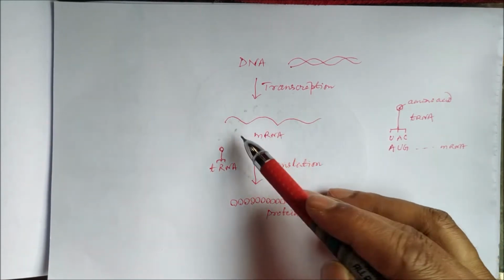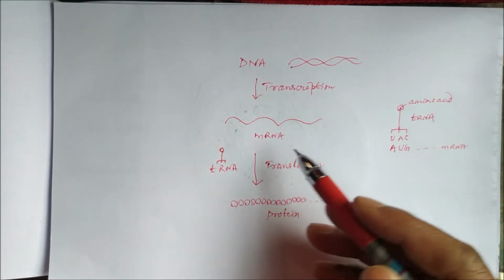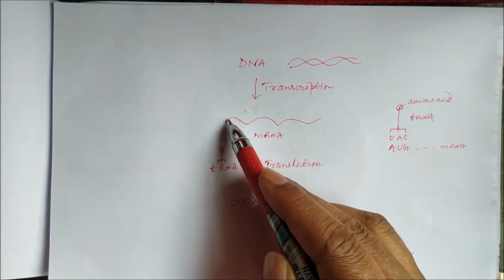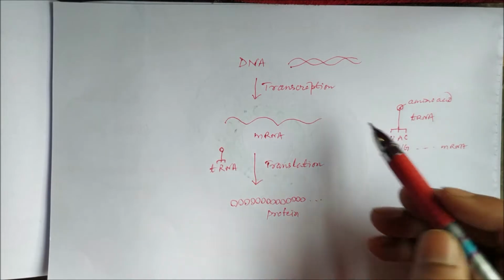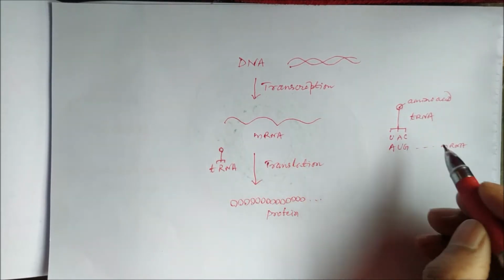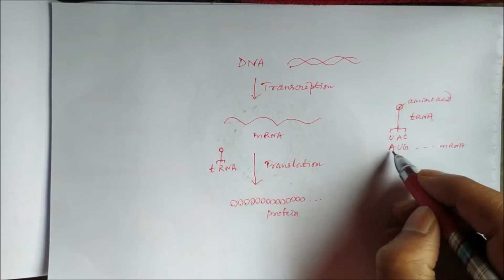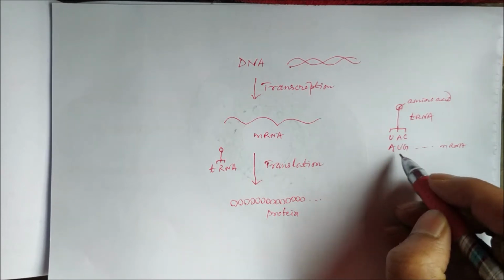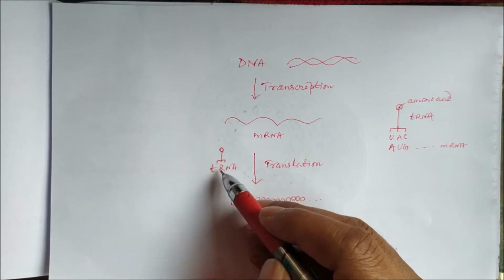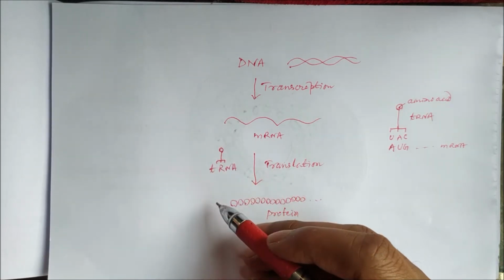Now messenger RNA has the information. Then this messenger RNA has these bases, and we call three bases together a code. Suppose in the messenger RNA the code is say AUG. So this is the code, and the transfer RNA at one end has the amino acid and at the other end it has the anticodon.